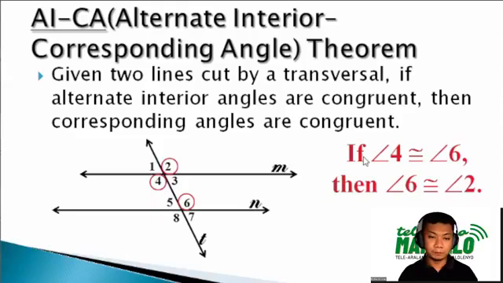Okay. That can be considered, but they are not alternate interior angles. Some of them are vertical angles, but they are also congruent. Very good. Thank you for your participation, class.